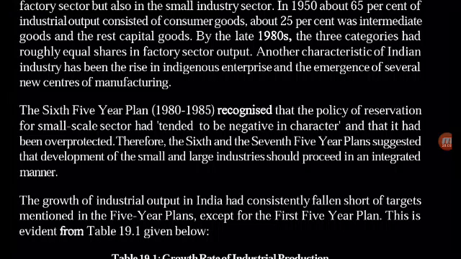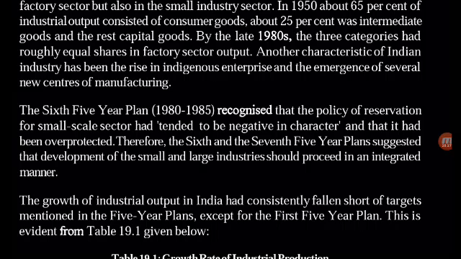Another characteristic of Indian industry has been the rise in indigenous enterprise and the emergence of several new centers of manufacturing. The sixth five-year plan, 1980 to 1985, recognized that the policy of reservation for the small scale sector had tended to be negative in character and that it had been overprotected.